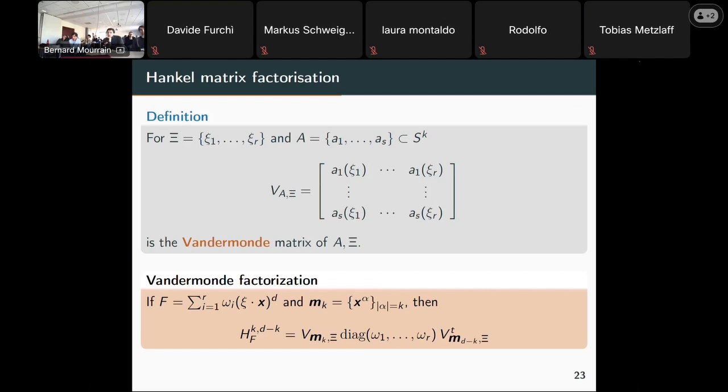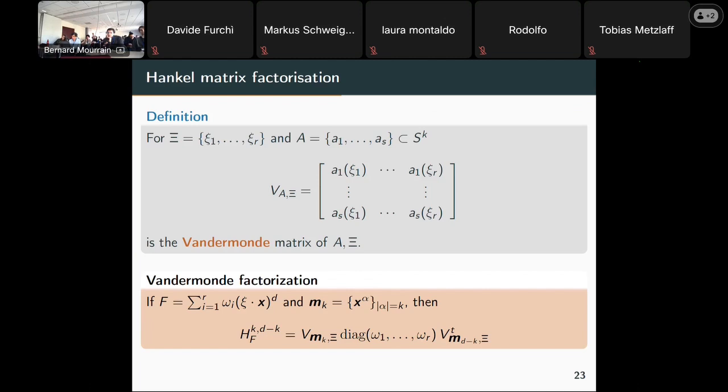What we can see quite easily is that when we have a decomposition of this form, a sum of ωi times the linear form (ξi scalar x) to the d, taking mk to be the monomials of degree k, we have a factorization of the Hankel matrix associated to F in degree k, d minus k, in this way.